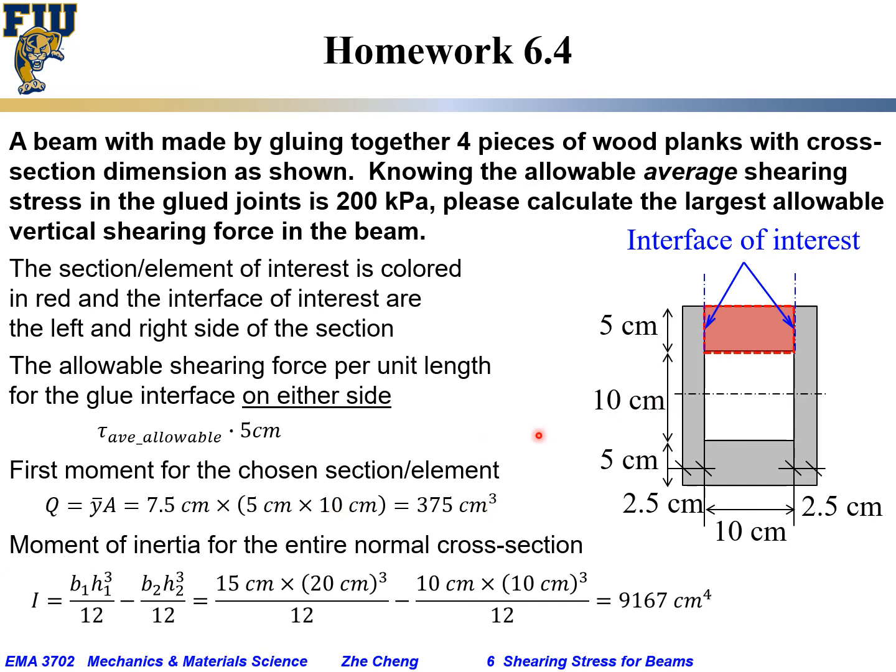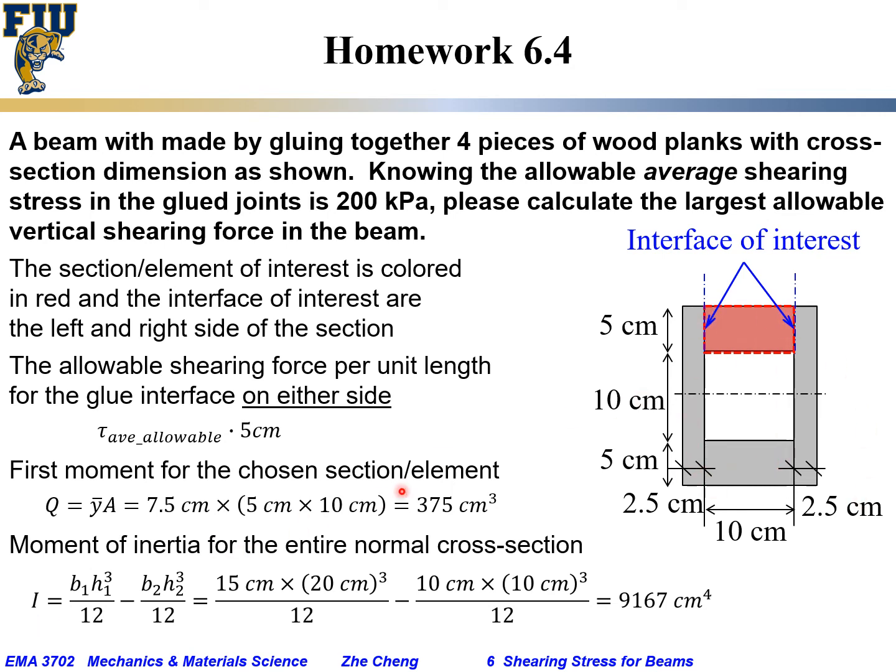And then to get information about shearing force, shearing stress and axial, we need to get the moment of inertia I for the entire normal cross section, and that is considered this whole thing, box beam.